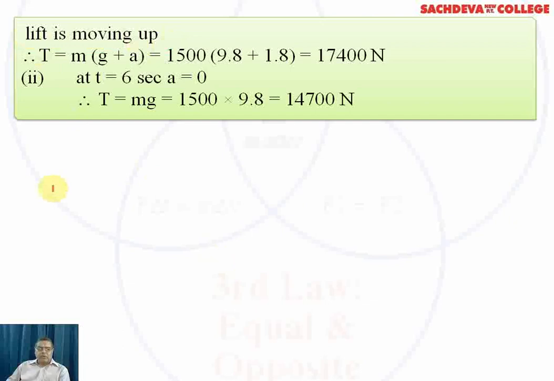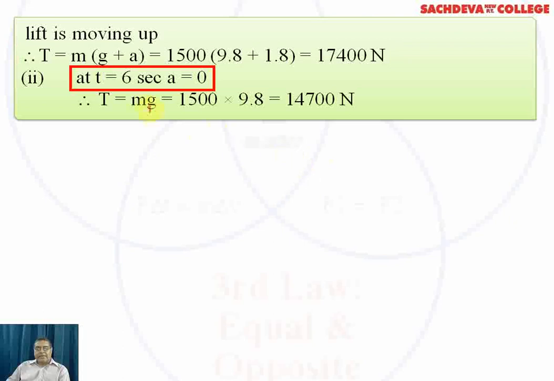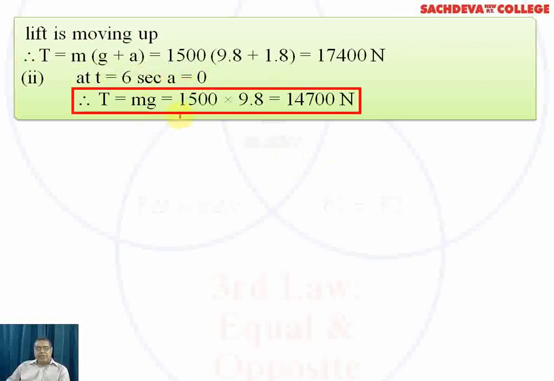We use the formula T is equal to m into g plus a. We compute the values, and the estimated value is 17,400 newtons. But at t is equal to 6 seconds, a will be 0, T is equal to mg is equal to 1500 into 9.8, that is 14,700 newtons.